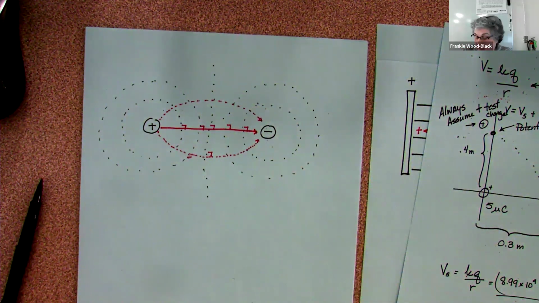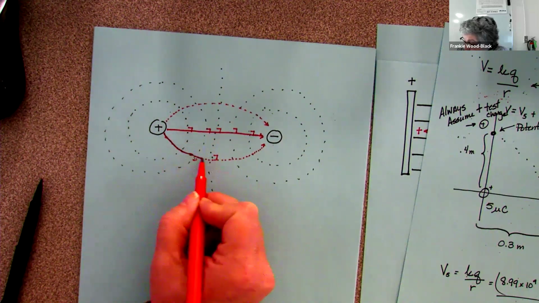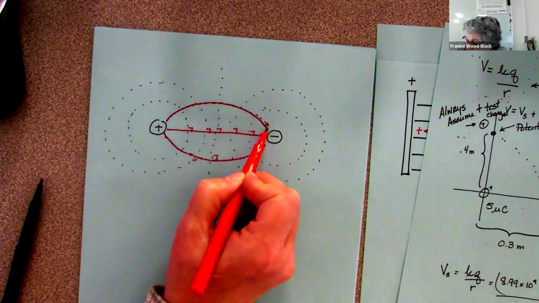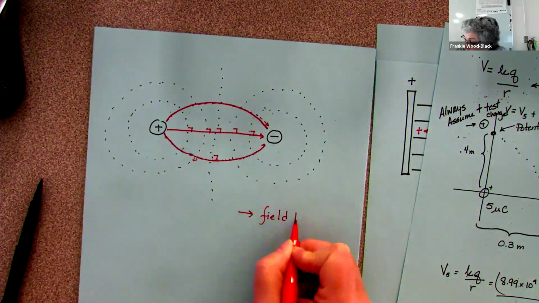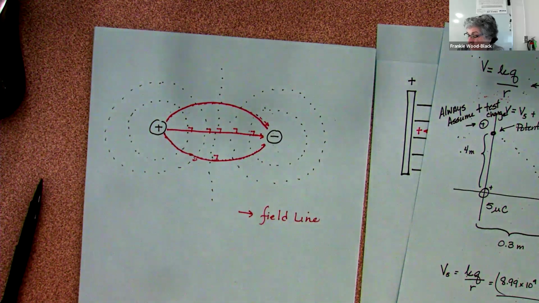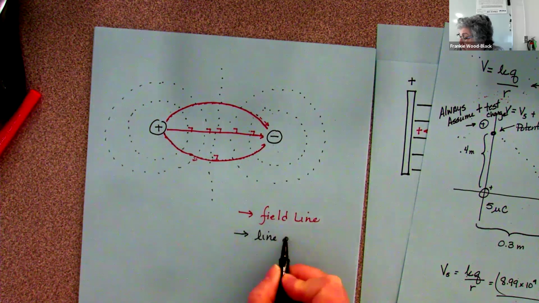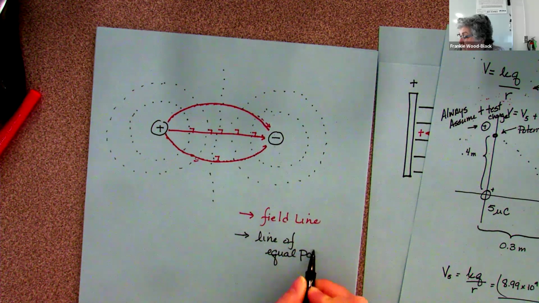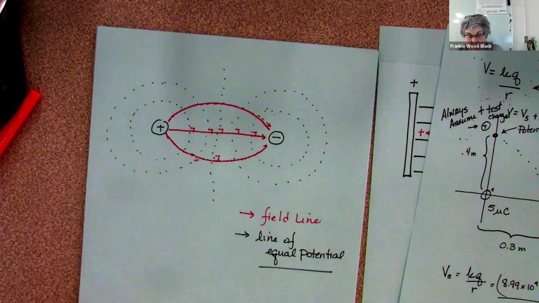So these are my field lines. The red is a field line, and the black is a line of equal potential. So that works out really well for us.